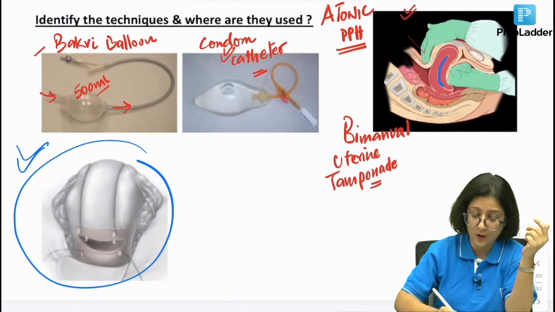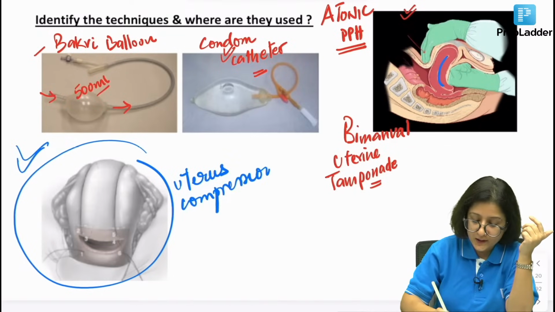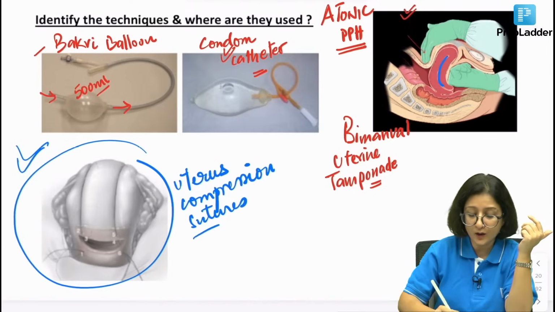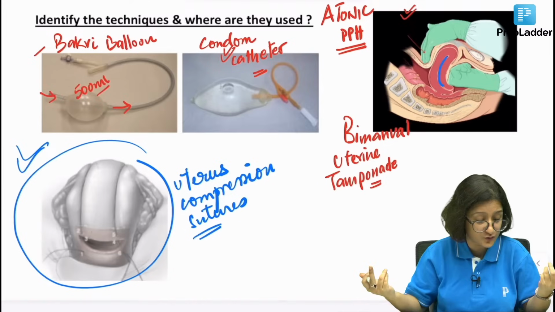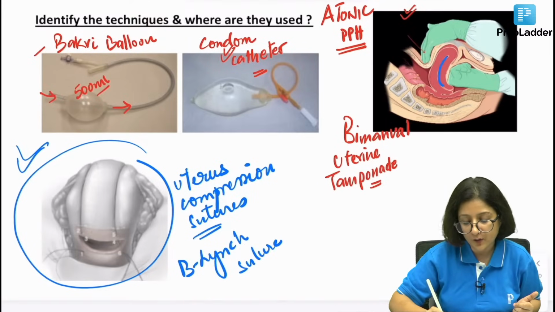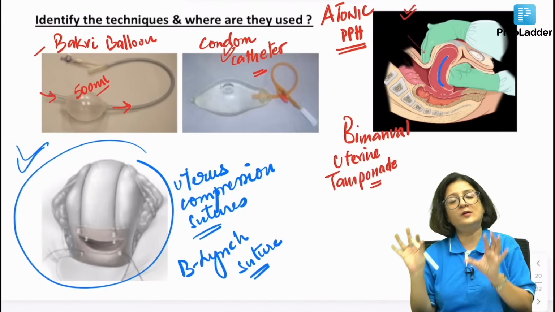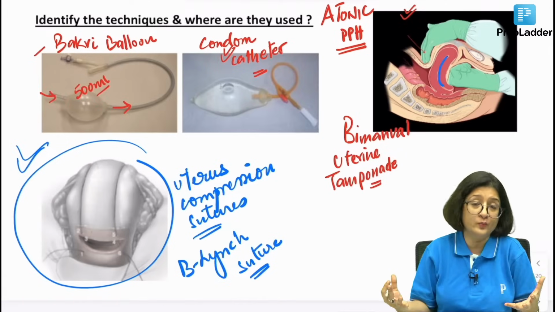These are what we call uterus compression sutures. They look like braces, right? That's why they are sometimes called brace sutures, and this one is typically the B-Lynch suture. Most of the time your images will be around the B-Lynch suture. The reason they tend to ask about B-Lynch is because we do B-Lynch, all right?